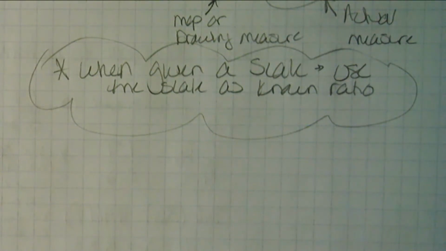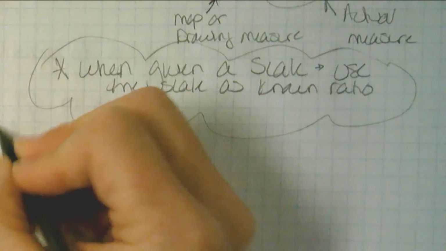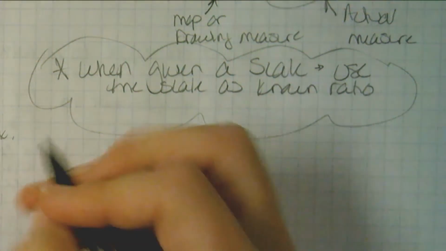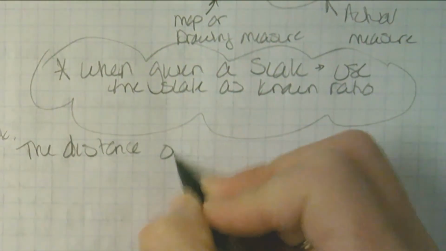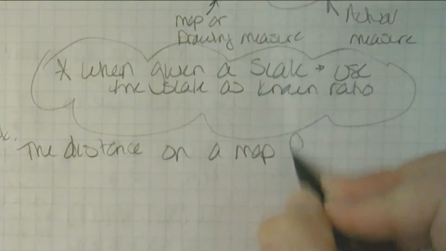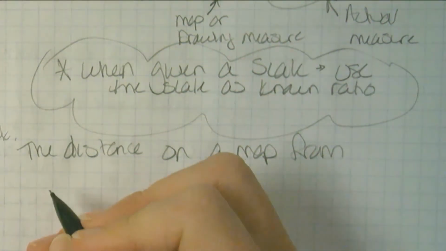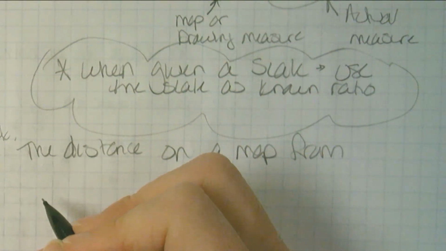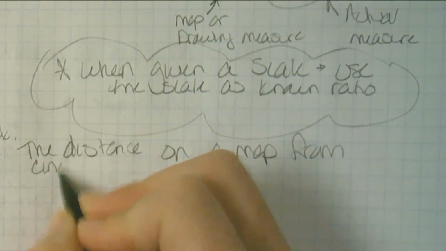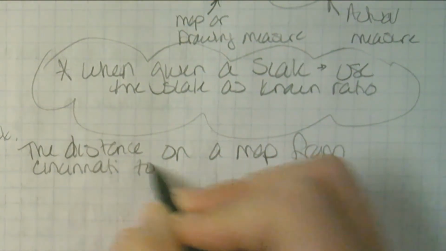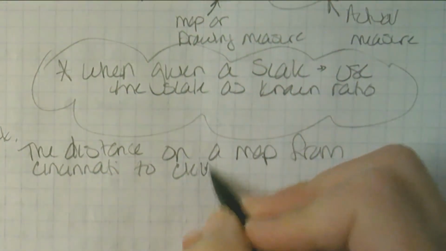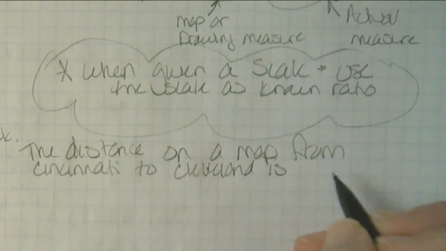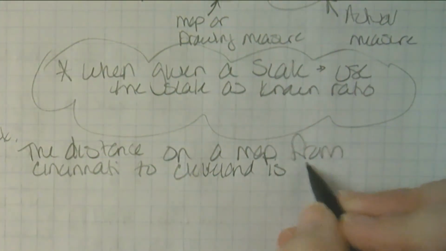Okay. So let's say, for example, the distance on a map from Cincinnati to Cleveland is 4.2 centimeters.